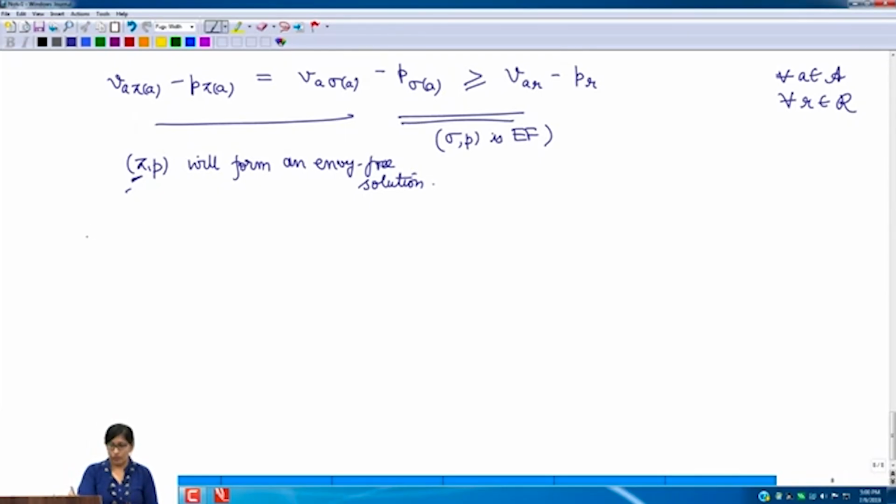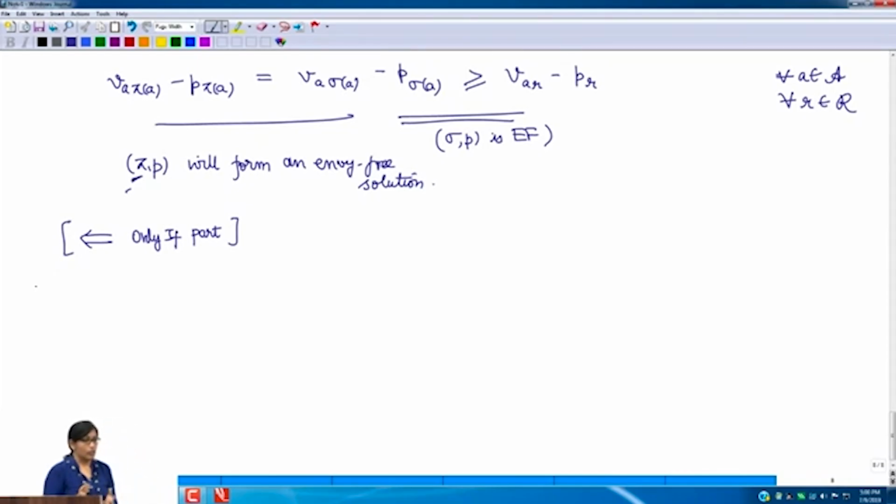Right. So what is left for completing the proof of the lemma? It is the other way around, which is the only if part. The only if part says that you start with an envy-free solution, let's say sigma comma p, and then you need to show that sigma must be again a max weight perfect matching in the valuation graph GQ.